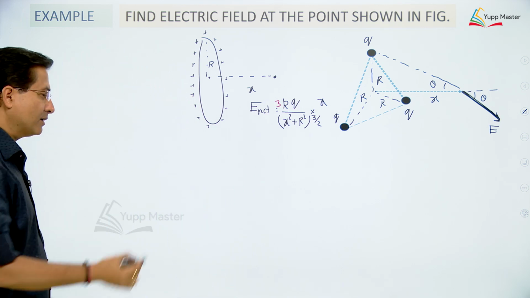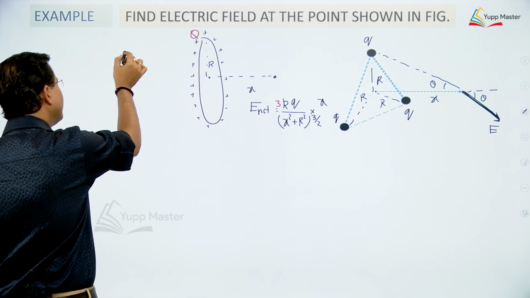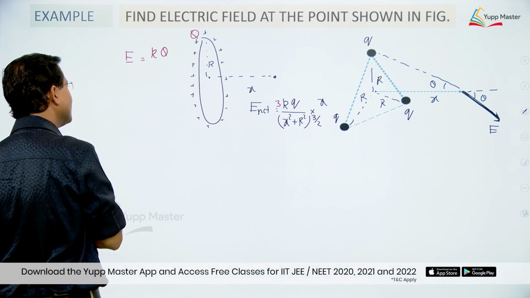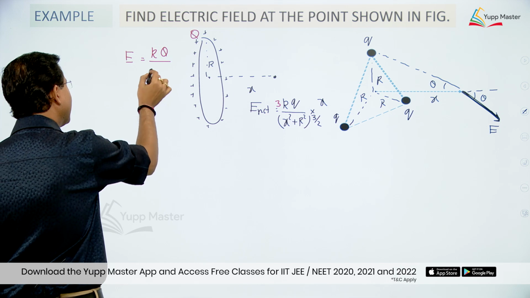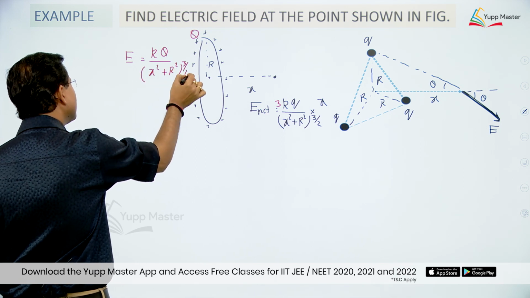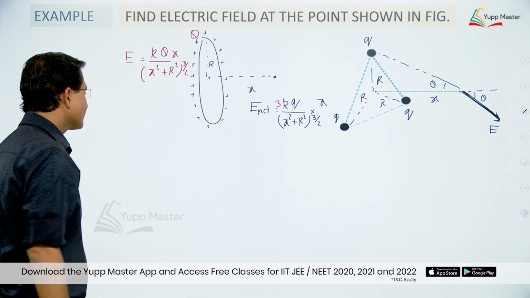And if you look at this one, in the previous case the charge was q and the net field we got was k q divided by x square plus r square to the power 3 by 2 into x.